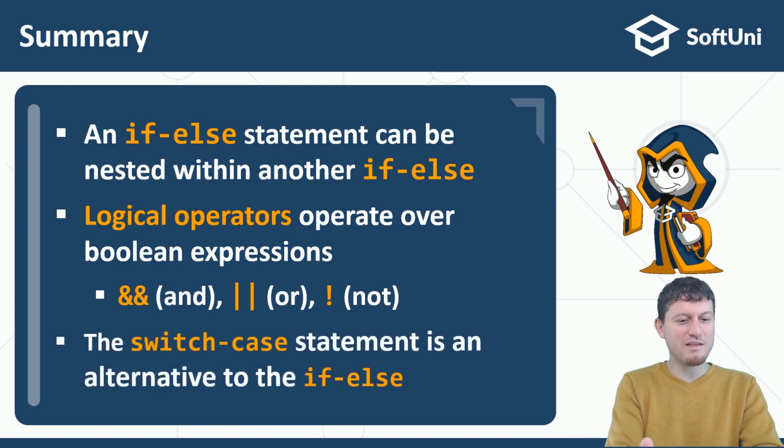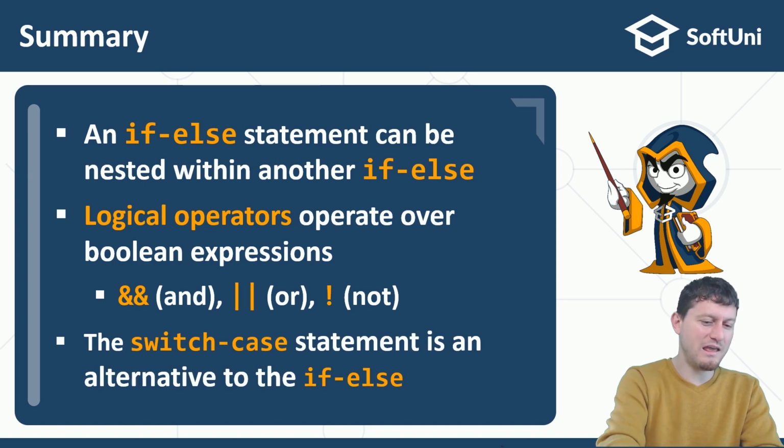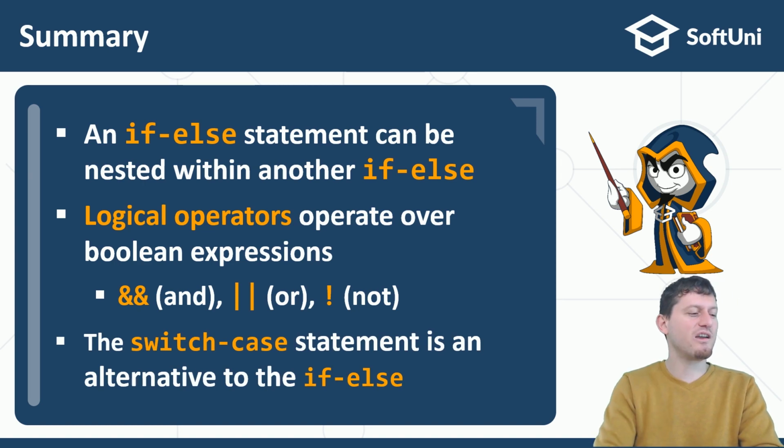And the switch-case statement is an alternative to the if-else, where we have a single expression and we check it for many values. It's very useful with multiple labels where we can check for many values and do the same thing to avoid something or something or something or something.